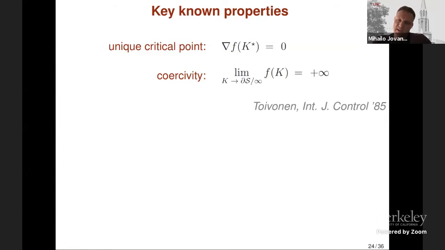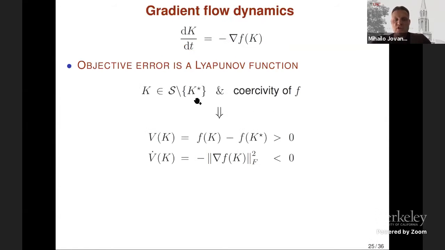These two properties allow you to use the objective error as a Lyapunov function for the gradient flow dynamics. Namely, it's trivial to show that if you utilize the objective error, the difference between the LQR cost and its optimal value, its derivative with respect to time along the solutions of the gradient flow dynamics is negative definite over the set of stabilizing feedback gains.